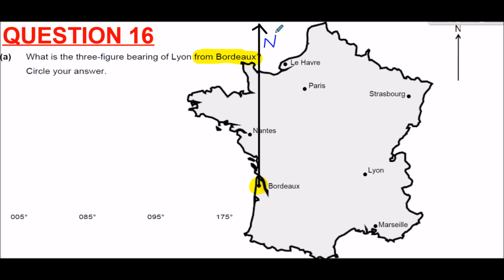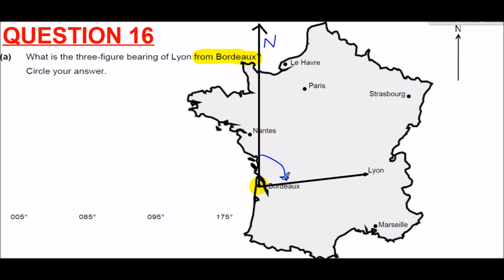So what we need to do is measure the angle from here to Lyon. So I'm going to draw a line from Bordeaux to Lyon, like this. And so what we need to do is measure the angle from Bordeaux, facing north, until we turn and face Lyon.